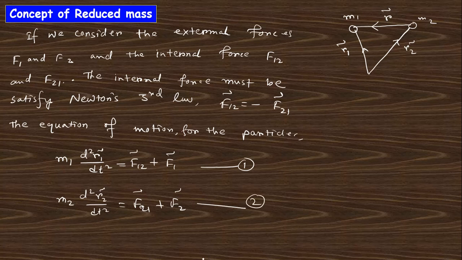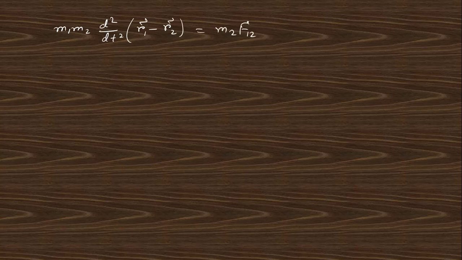Now we want to reduce these two equations: just multiply the first by m2 and the second by m1 and then subtract, okay. If you operate on this, you can write this as m2 F12 minus m1 F21 plus m2 F1 minus m1 F2, okay.